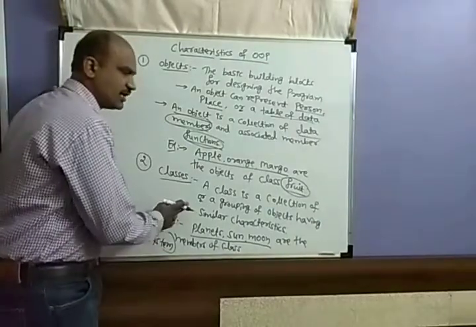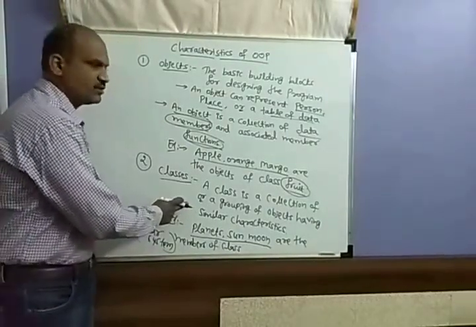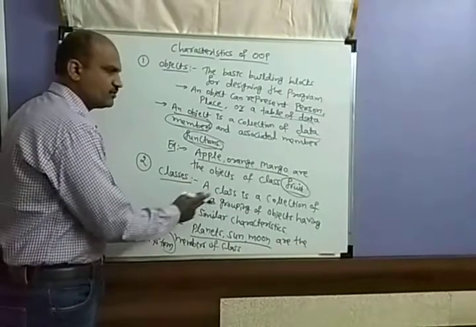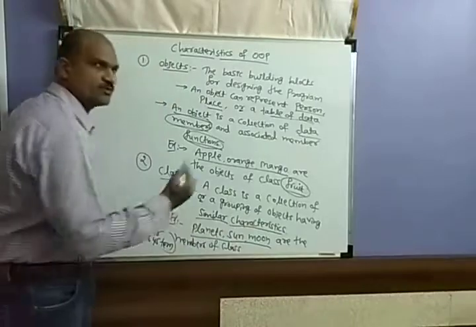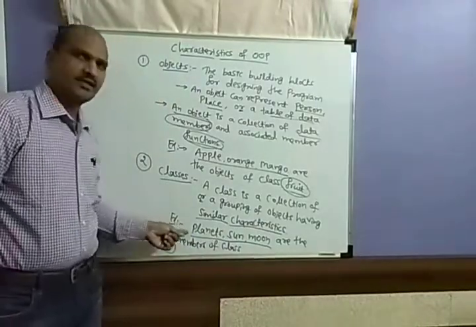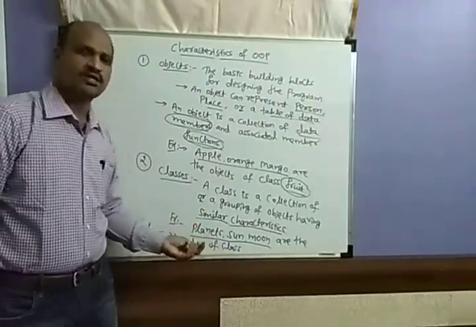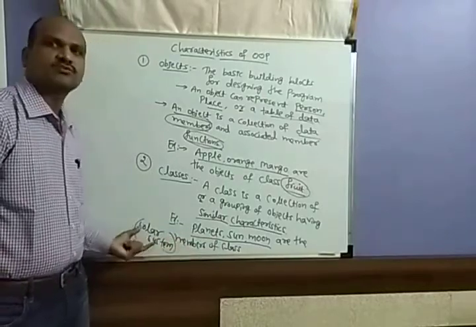So a class is a collection or a grouping of objects having similar characteristics. Planet, sun, moon are the members of the class solar system.